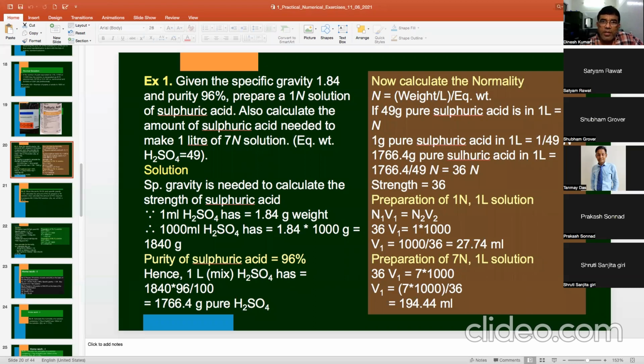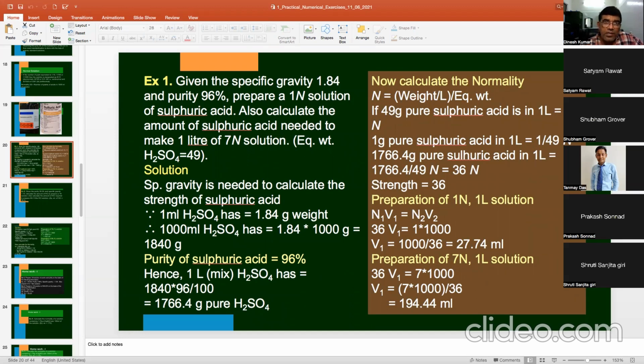If you have volume in cubic centimeter, then weight will be in gram. So that is the meaning. For 1 liter, 1.84 means 1840 gram per liter of this solution of sulfuric acid.